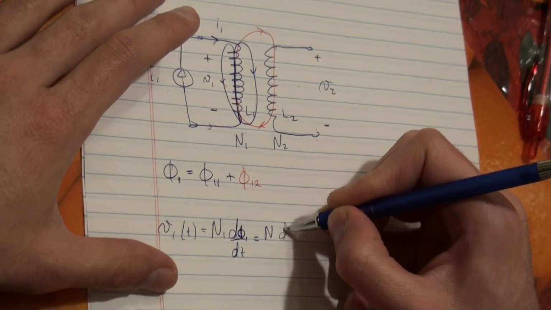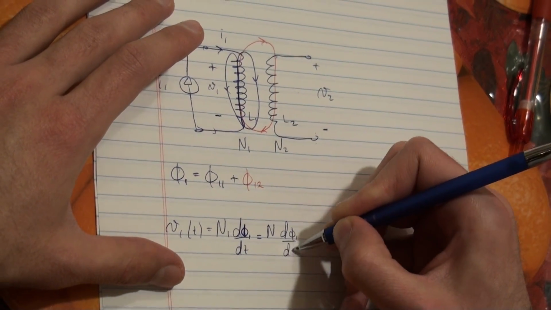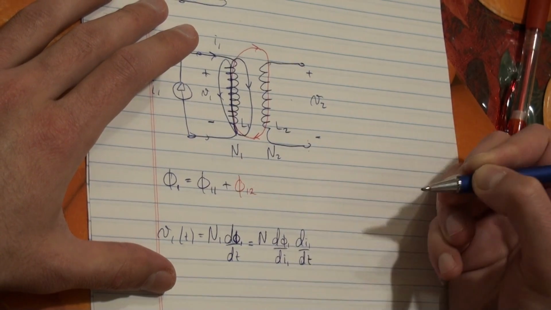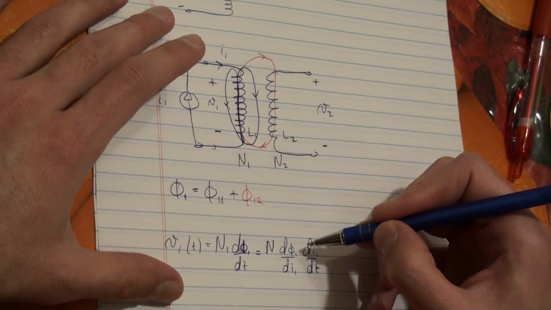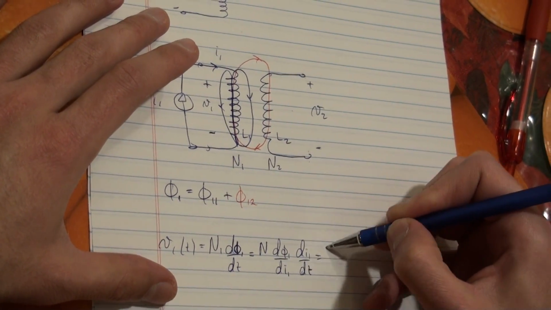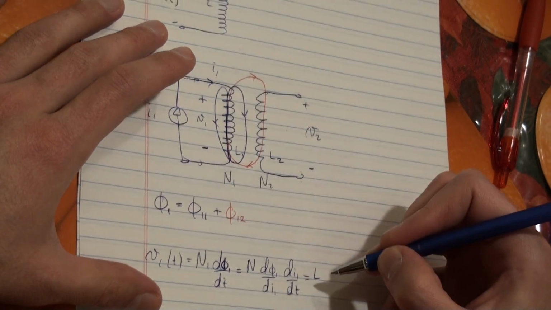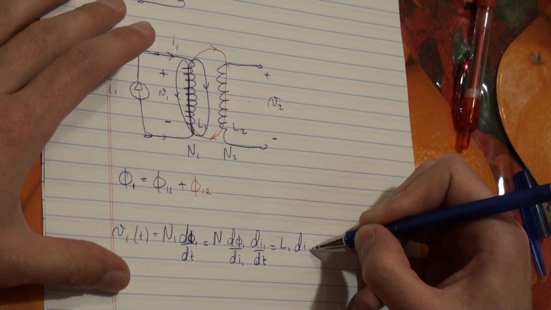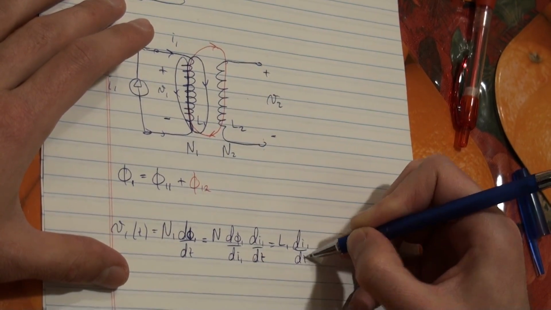So this is going to be N dphi1/di1 times di1/dt, using the chain rule. Now this part becomes L, we'll call it L1, times di1/dt.